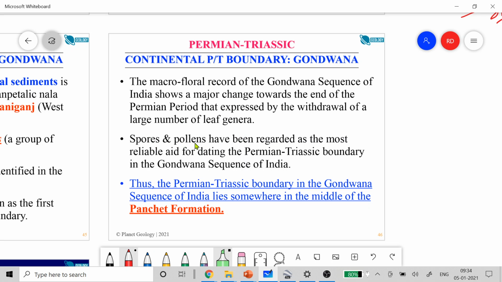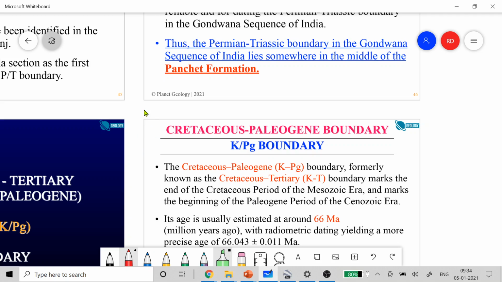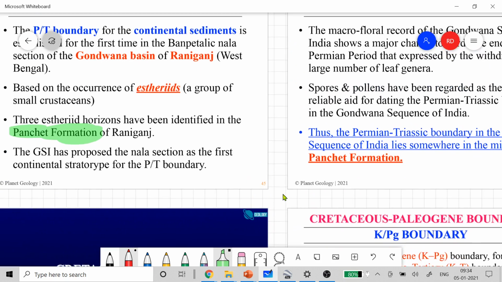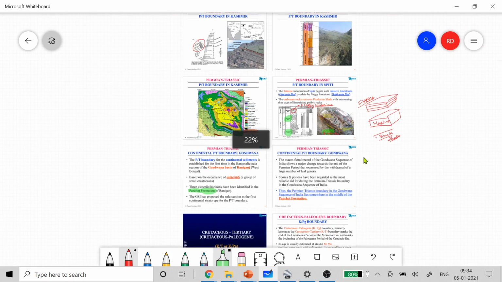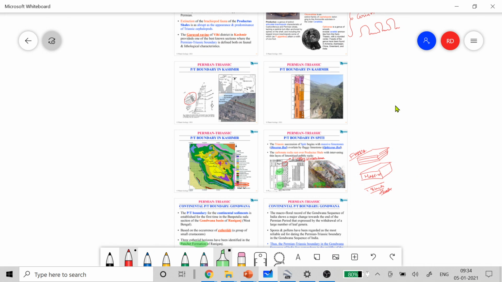The spores and pollen have been regarded as the most reliable aid for dating the Permian-Triassic boundary in the Gondwana sequence in India. Thus, the Permian-Triassic boundary within Gondwana sequence lies somewhere in the middle of the Panchayat formation. So this is about the Permian-Triassic boundary. Again, the best example is in the Gurial ravine in Kashmir.